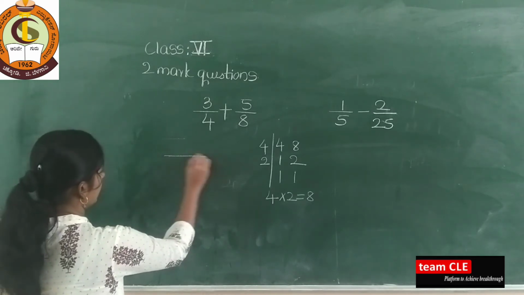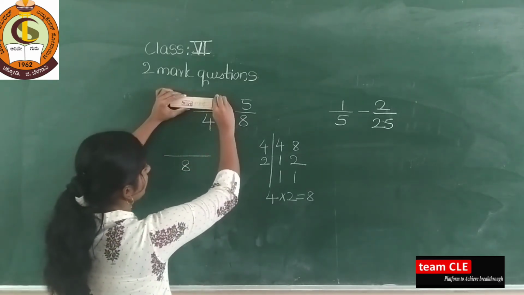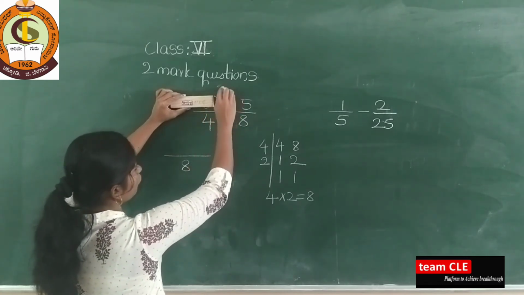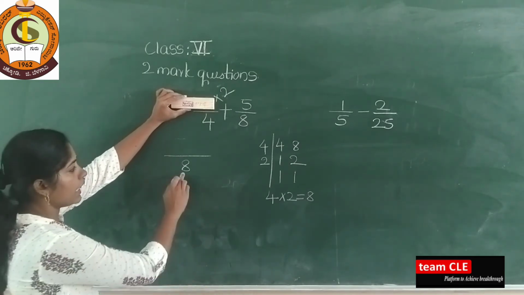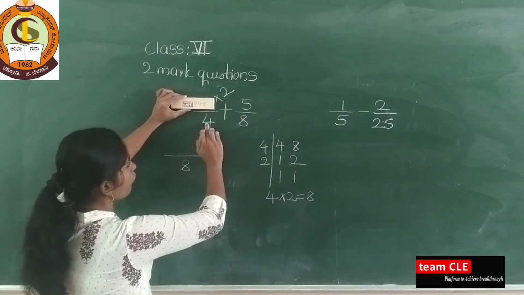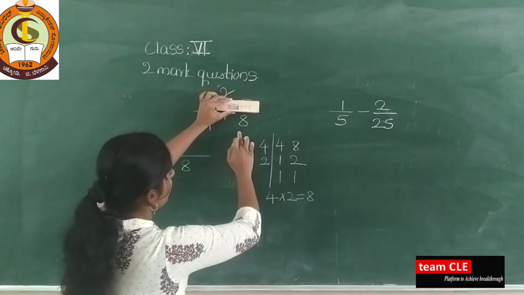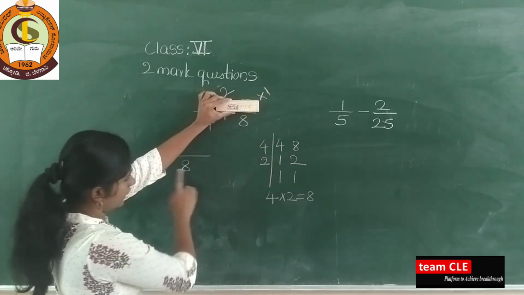So write here 8, hide this numerator. 8 divided by 4 is 2, why did I write 2? Understood? I am making the denominator the same. 4 twos are 8. Again hide this 8: 8 divided by 8 is 1, 8 ones are 8.